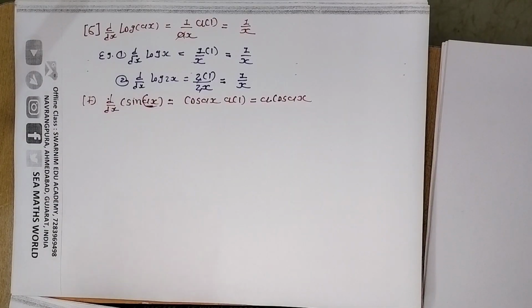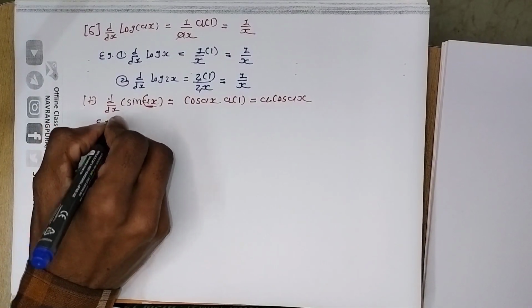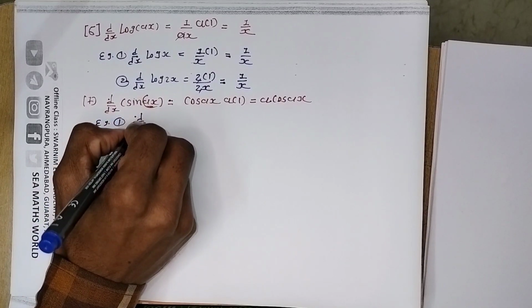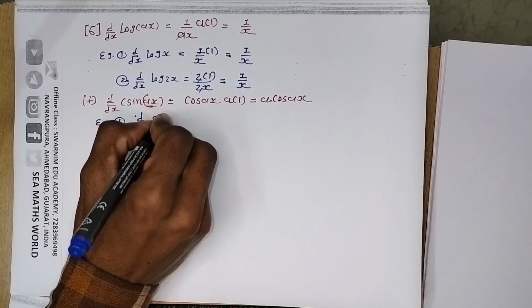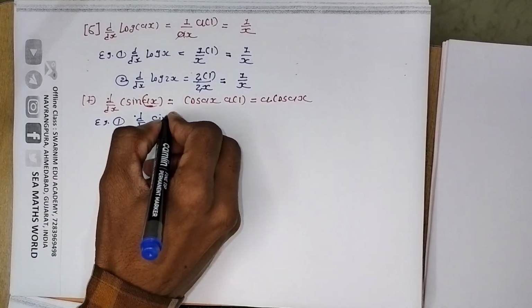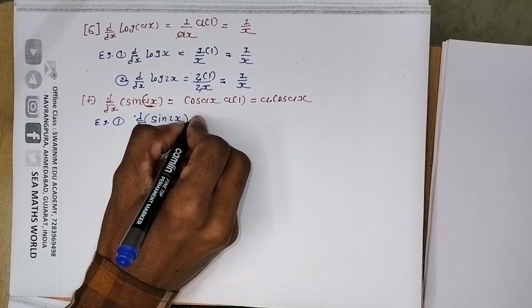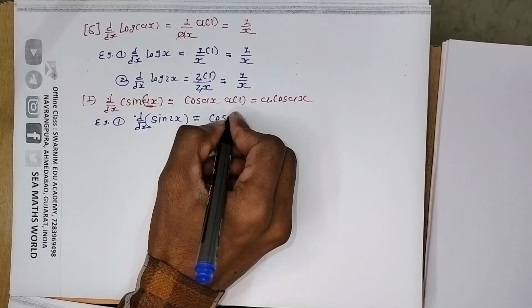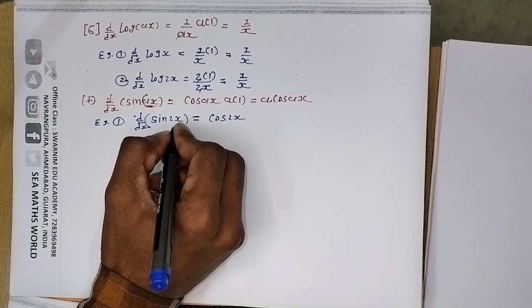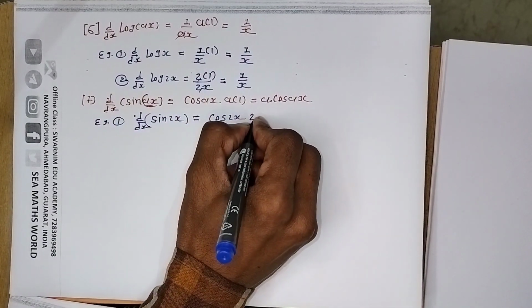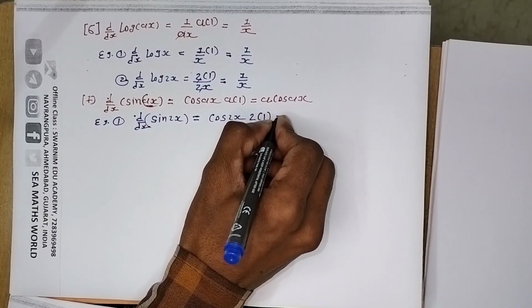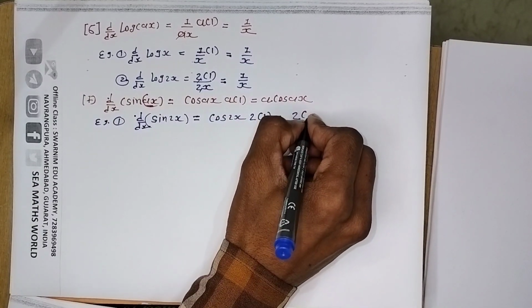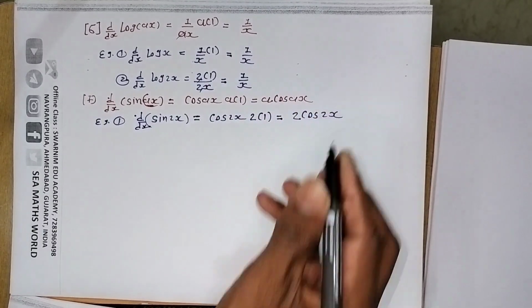Let's understand through the example: differentiation of sine 2x. Sine 2x differentiation is cos 2x, then differentiate the angle. 2x differentiation: 2 as it is, x differentiation is 1. So finally 2 cos 2x.